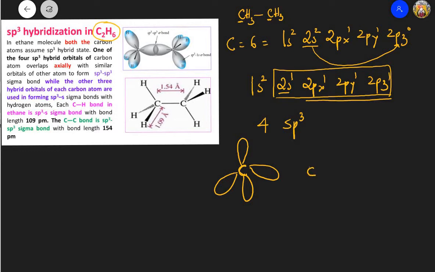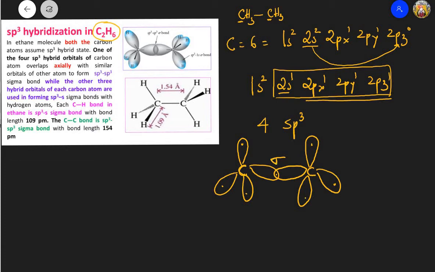One orbital will be present in this manner and the remaining 3 are present here. The fourth one will be overlapping with this, so there is a formation of a sigma bond. I forgot to write here that all will have 1 electron initially, and this also will have 1 electron.